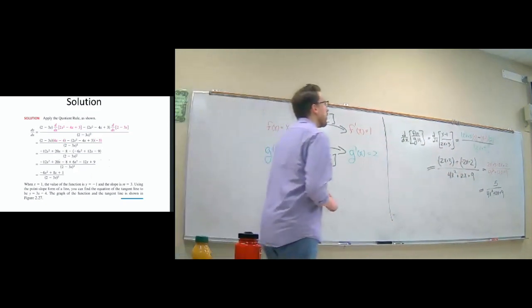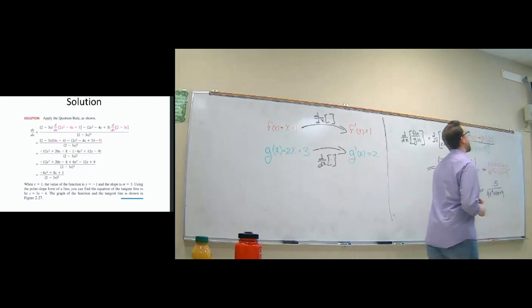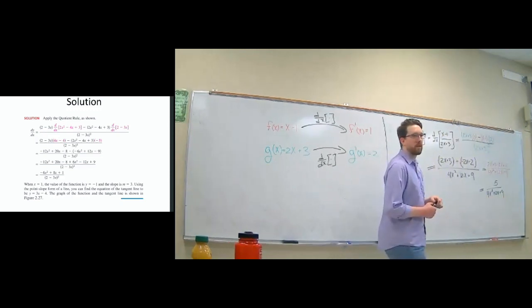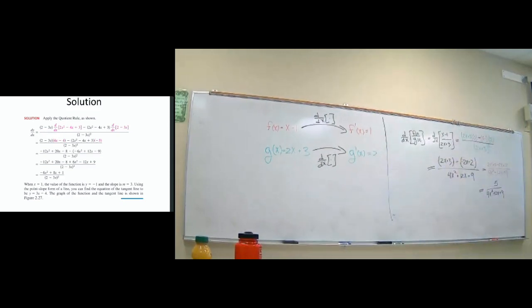So, low d high minus high d low, divided by the square of what's below. Then run through a bunch of algebra. If we get done with all of that algebra, we get to here. This is the equation that gives us the slope of our tangent line, right?